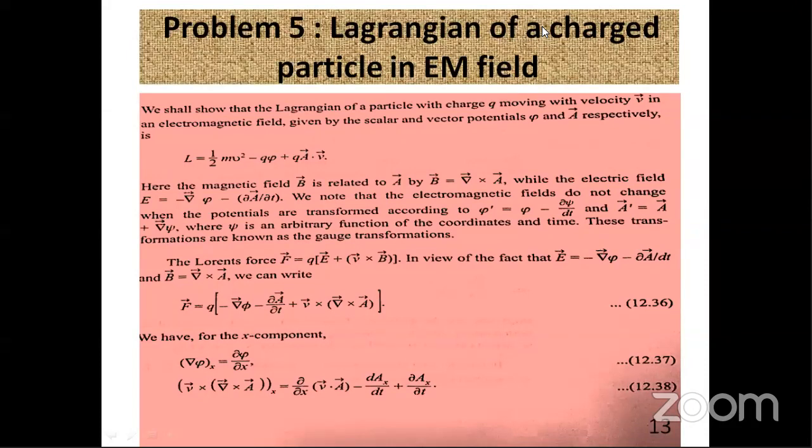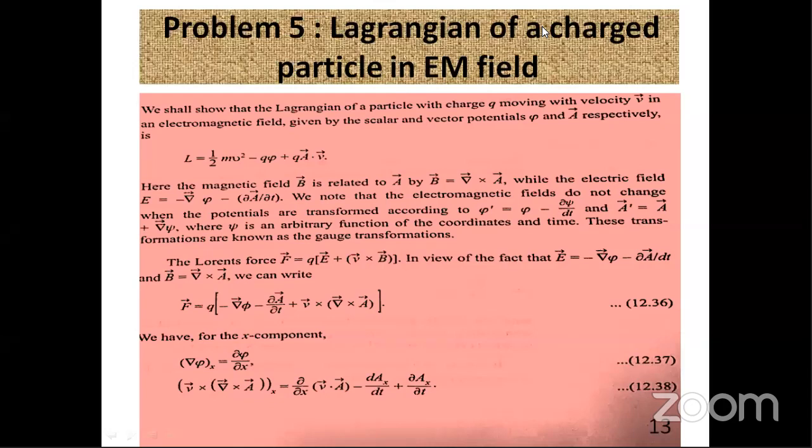So we now start with the Lorentz force, which we are all familiar with: a charge Q moving in an electromagnetic field E and B. Of course, E and B here are treated as separate entities. They are not separate; in fact, they are two components of the electromagnetic field tensor, which is a tensor of second rank.